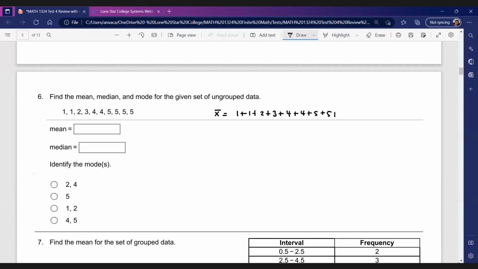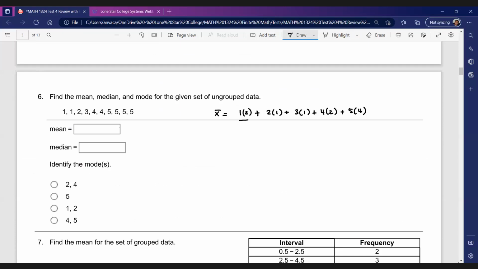I guess I could have done this a little bit different. Let me try to do this a little bit in a different way. Okay. So that will be 1 times 2, because that will be its frequency. There's two 1s. There's only 1 2. There's only 1 3. There are 2 4s, and there are 4 5s.